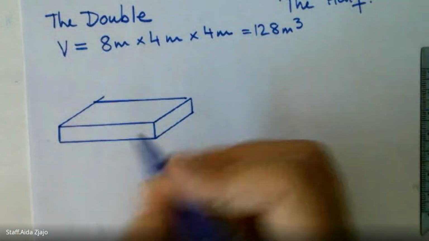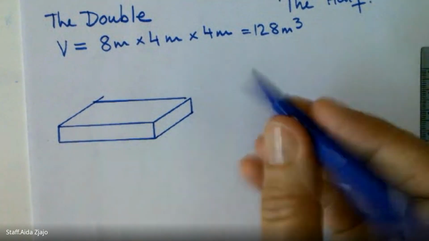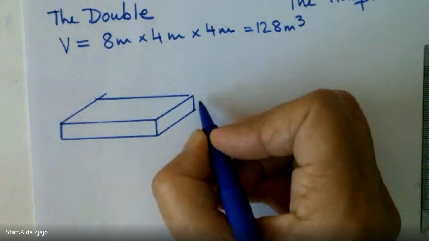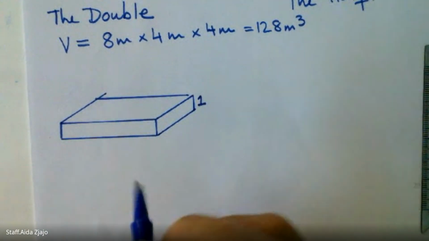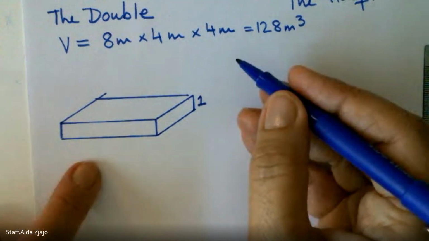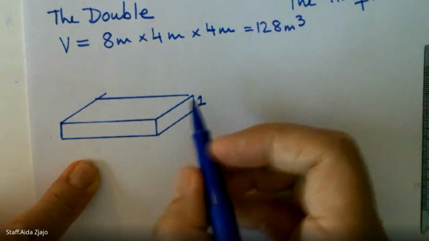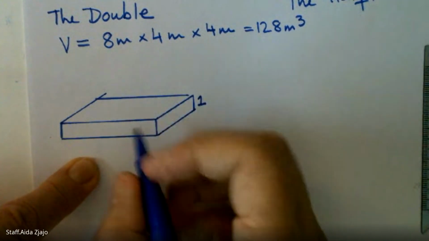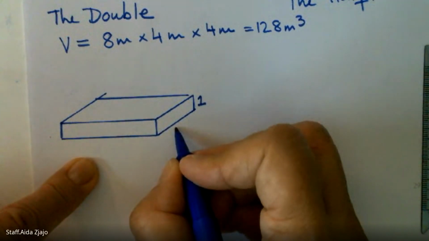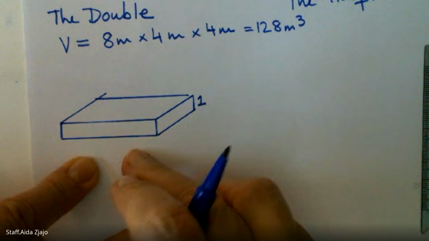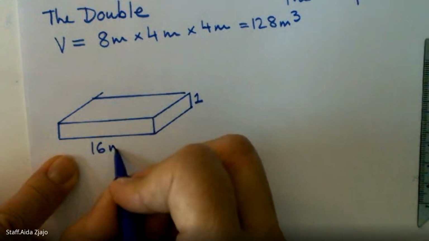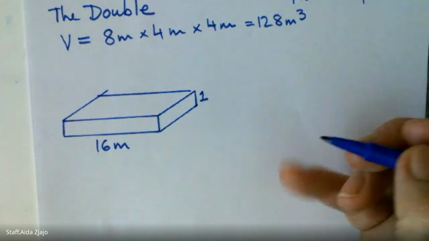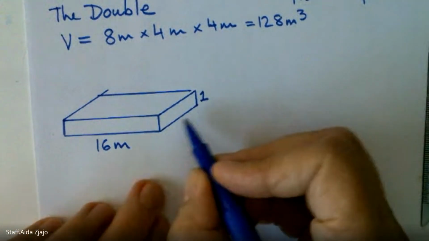Okay, so if this is 1, and this should be, let me see what it should be, 16 meters, and they should be that 8.